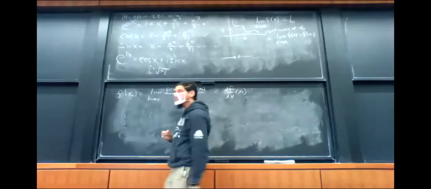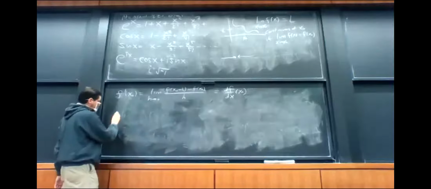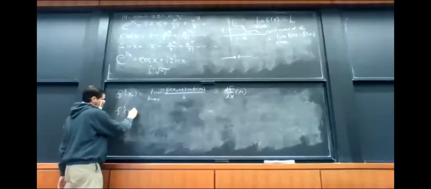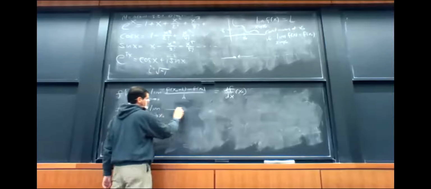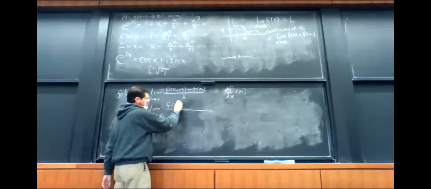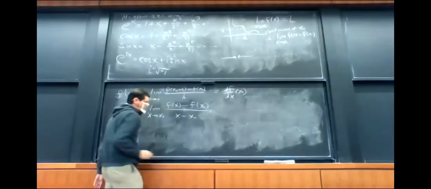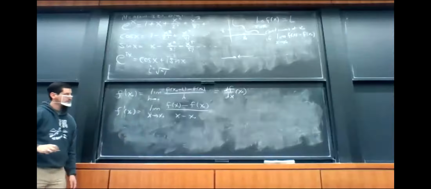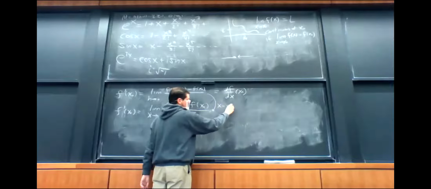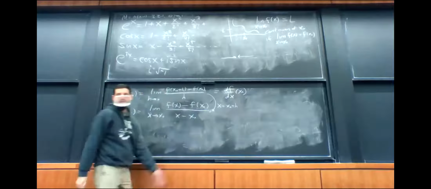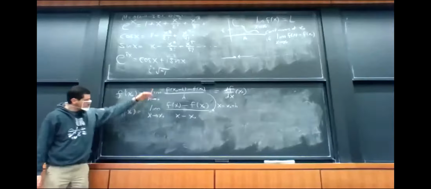It turns out there's more than one way to write the key limit in calculus. We could also write it as f prime of x naught is the limit as x goes to x naught of f of x minus f of x naught over x minus x naught. And to do this, really just take x equals x naught plus h. And so as x goes to x naught, that's the same as h goes to 0. These two are really equivalent.